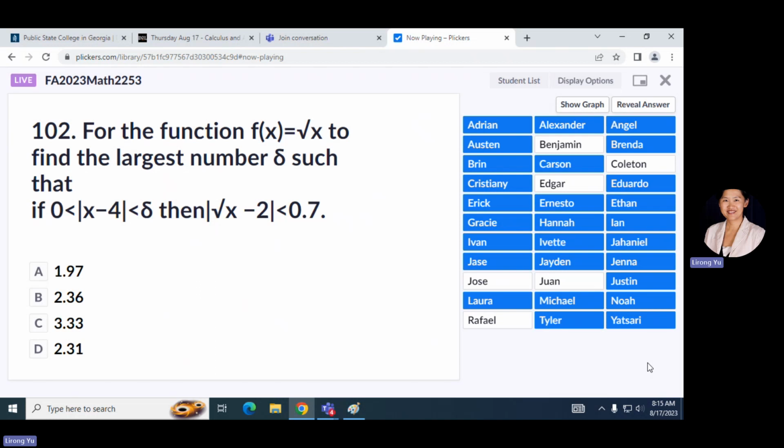Let's do a calculation. Where was it? It was here, right? So you have 1.7 squared minus 4. What's your number? 1.3 squared minus 4 is 2.31.